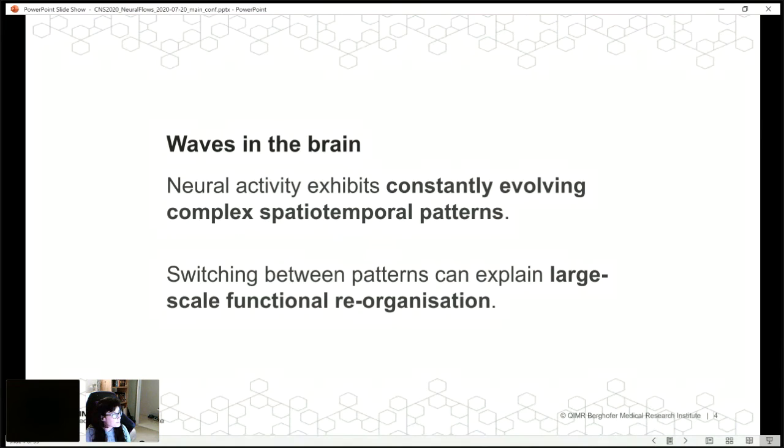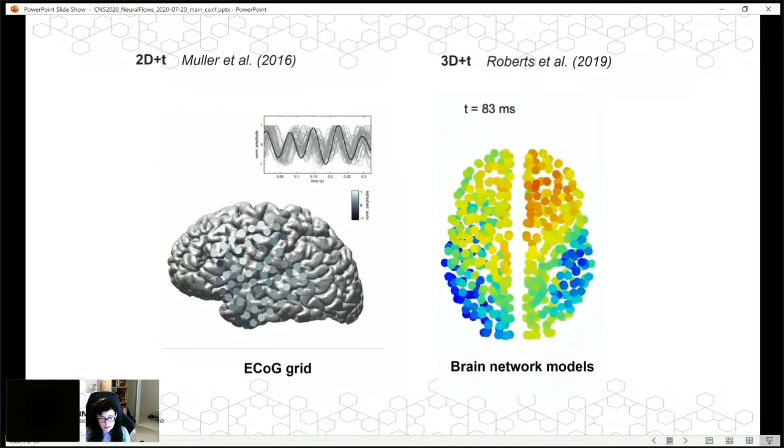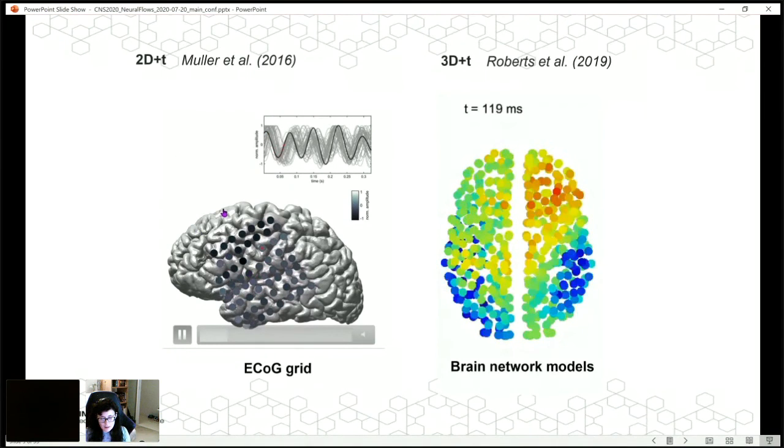So why is it so important that we understand these patterns in the first place? Well, we think that if we improve our understanding of the dynamic interaction between all pairs of brain regions, for instance, we will better understand complex cognitive functions. And at the level of the whole brain, these brainwaves were observed in 2016 by Mueller and colleagues.